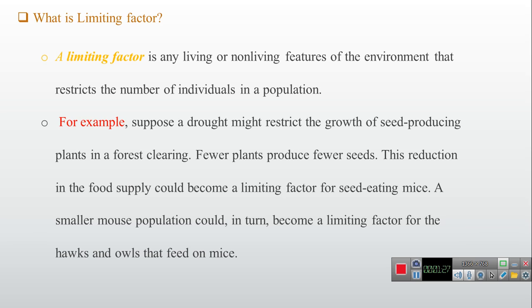For example, suppose a storm restricts the growth of seed-producing plants in a forest clearing. Fewer plants produce fewer seeds. The reduction in the food supply could become a limiting factor for the seed-eating mice. A smaller mouse population could, in turn, become a limiting factor for the hawks and owls that feed on the mice.